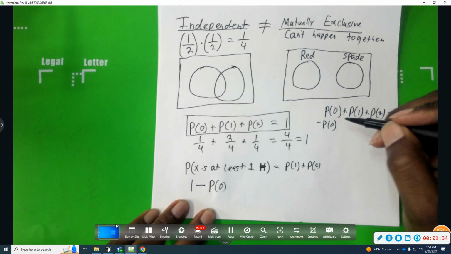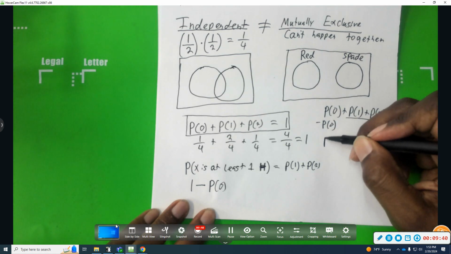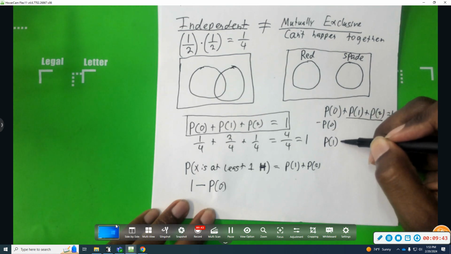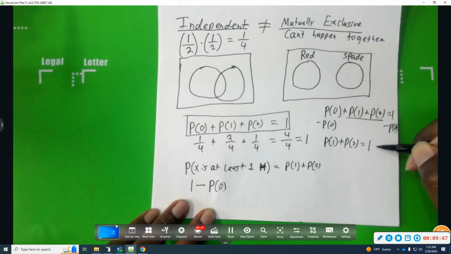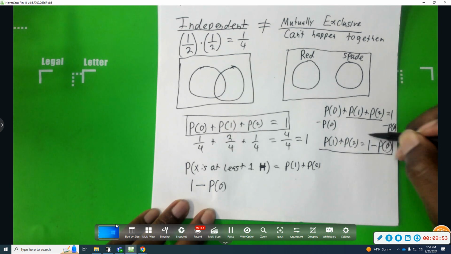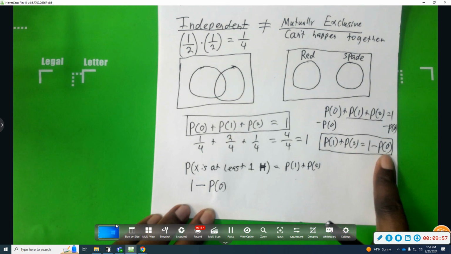We subtract that 0 off from both sides, and that gives me the probability that I get 1 or more is equal to 1 minus the probability that I get none. And this is how we compute at least. It might not look exactly like this every time, but this is the general rule.